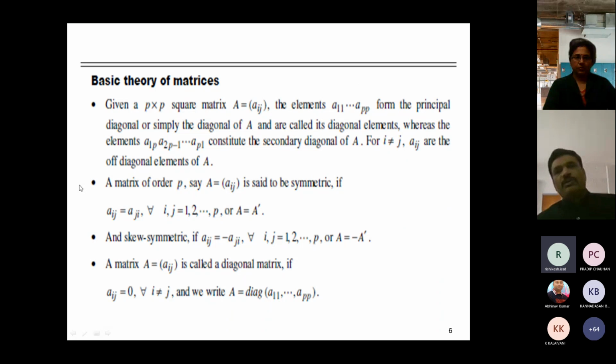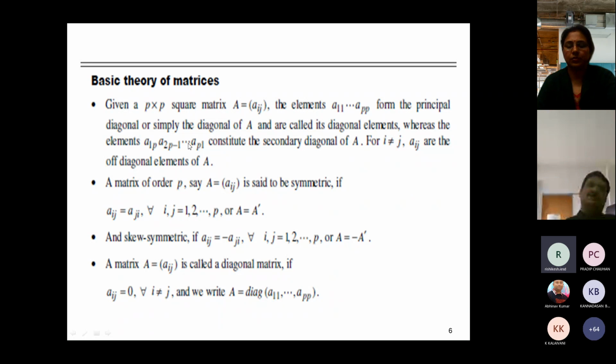So before going to multivariate analysis, it is very important to know some basic mathematical tools, one of which, a very important tool, is matrix theory. So the basic theory of matrices is very much required for the study of multivariate analysis.